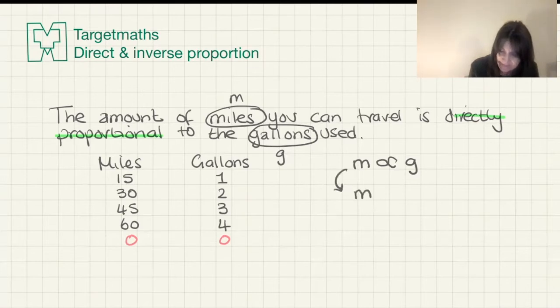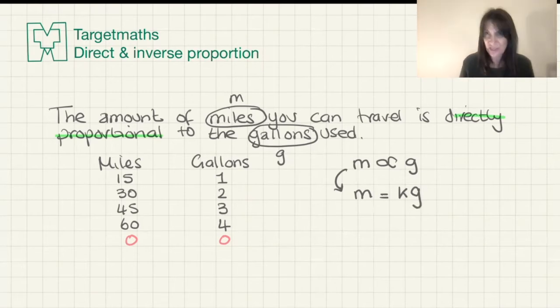So M is going to equal a constant, all right, which I'm going to explain, and G. Every direct proportion question, every single situation that we could think of, if it's directly proportional with the 0, 0 test, then this equation exists every single time, okay? And what we have to do is we have to work out K, okay? And again, obviously, I'm going to show you how all of that works.